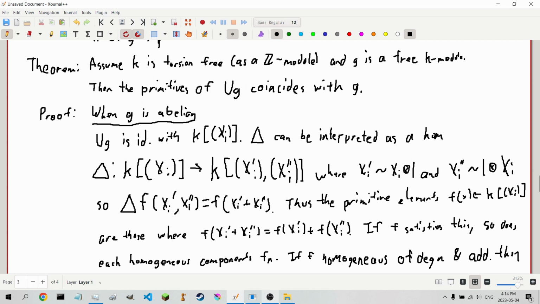We have that the universal algebra of G, in this case, is identified with the polynomial ring of corresponding indeterminates, with each capital Xi indeterminate corresponding to a basis element Xi of G, sorry, not UG.